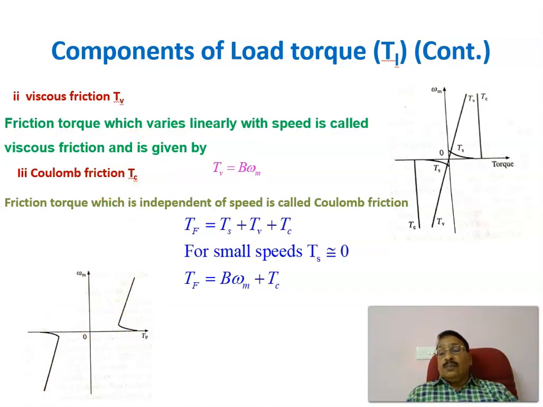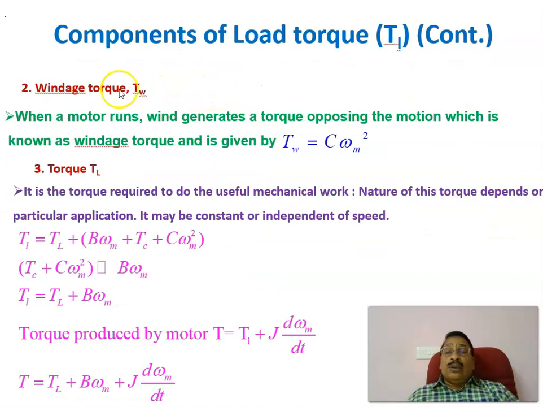The second part of the load torque is called windage torque, represented by TW. When a motor runs, wind generates a torque opposing the motor, which is known as windage torque, given as TW equal to a constant C into omega m square. It is proportional to the square of the speed.